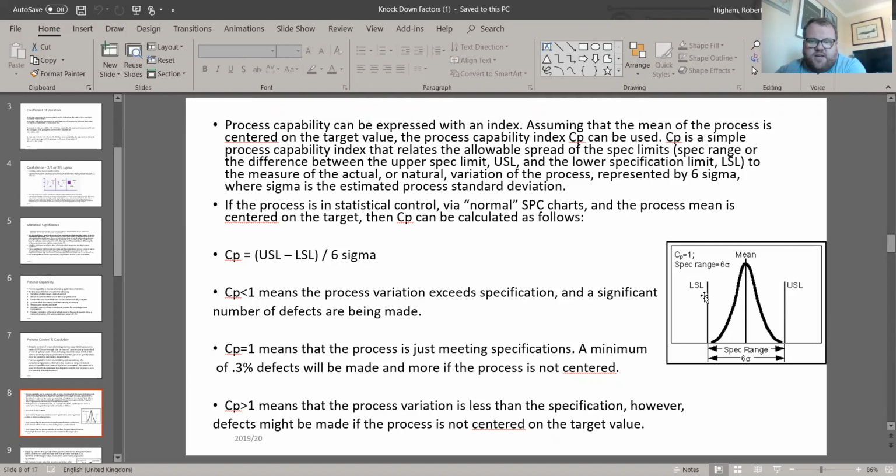Minus lower spec limit divided by that 6 sigma, which is then 6 standard deviations. That will give us a Cp value. So if it's less than 1, the process variation exceeds the spec, which means that the spread is beyond those limits. If it's exactly 1, it's just meeting those 2 specs. And if it's greater than 1, it means that we have a range which is smaller than the upper to lower spec limits, which puts us in a bit more of a happier place.